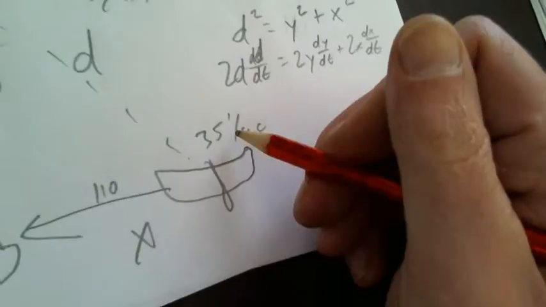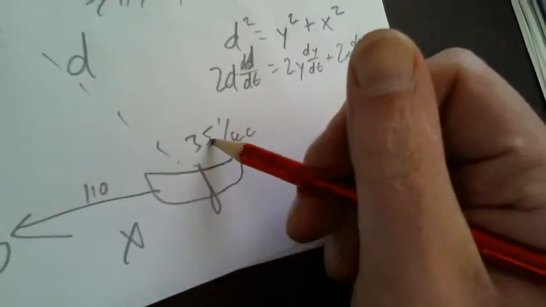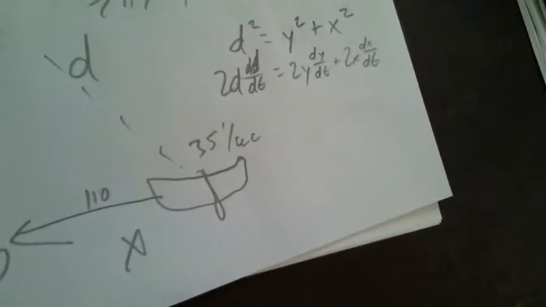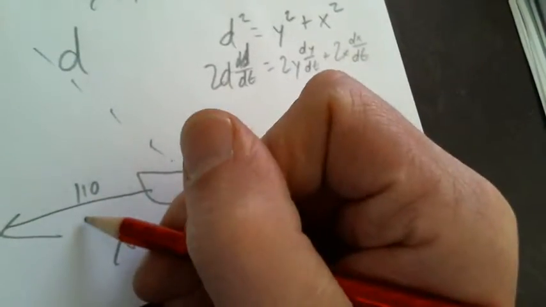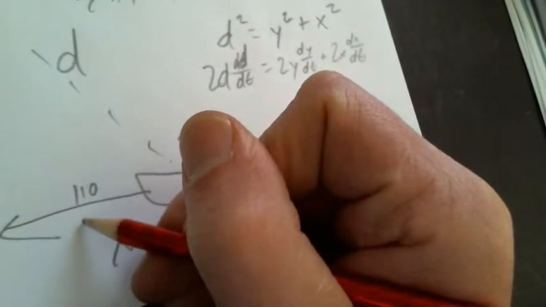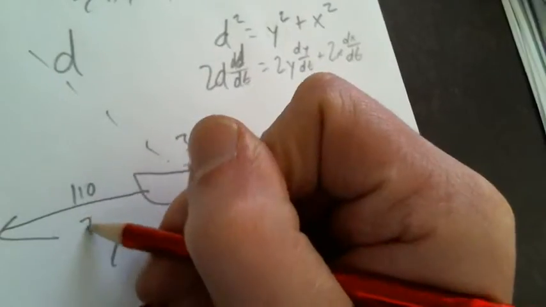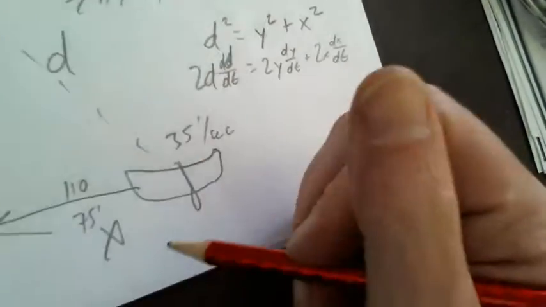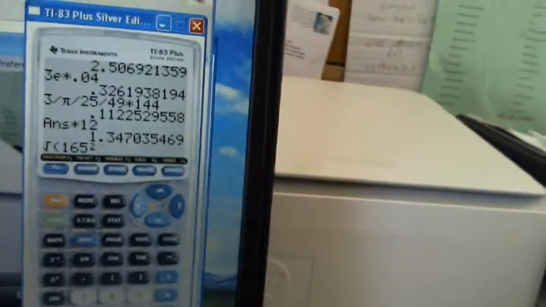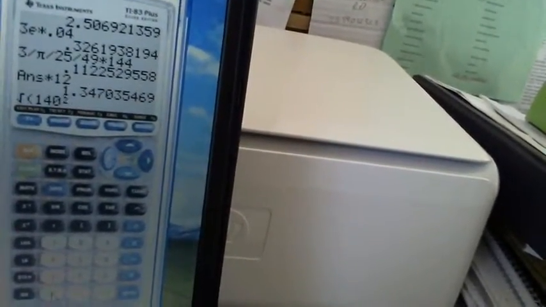And this 110 will be minus 35. 110 minus 35 is, come on brain, 75. So we're not 165 feet in one direction, we are 140 feet, because we've gone a second.